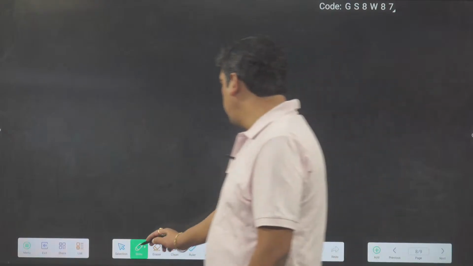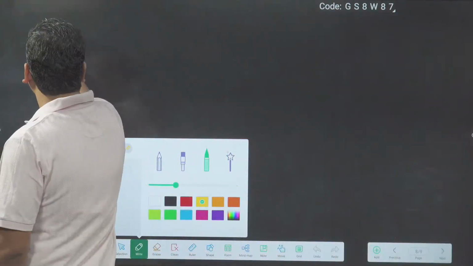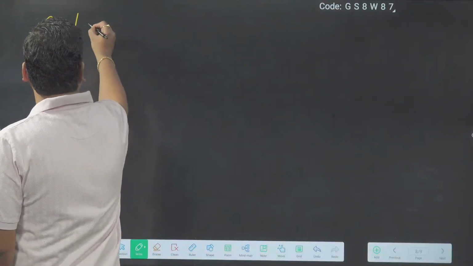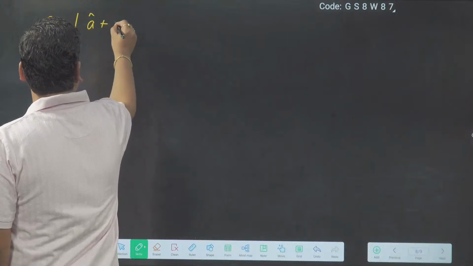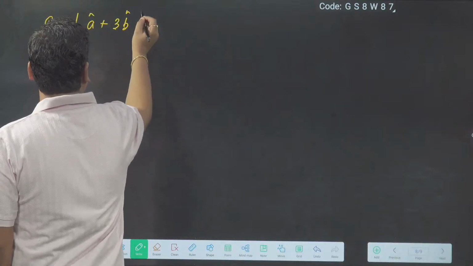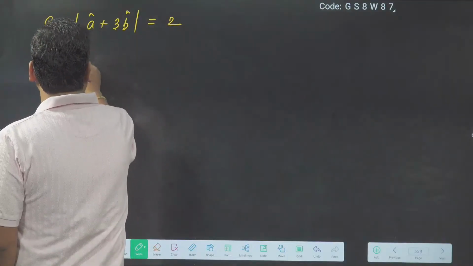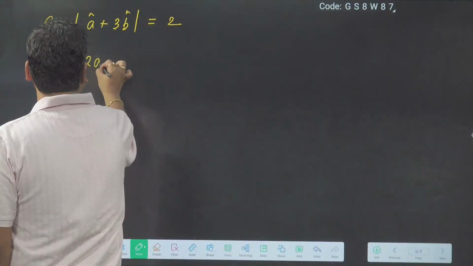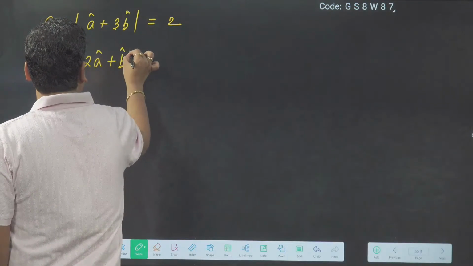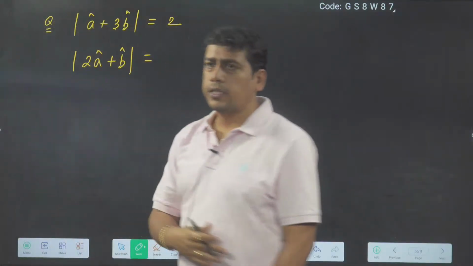Chalo, one for you now. Let's say mod of a cap plus 3b cap is 2. Tell me the value of 2a cap plus b cap. Come on, fast.